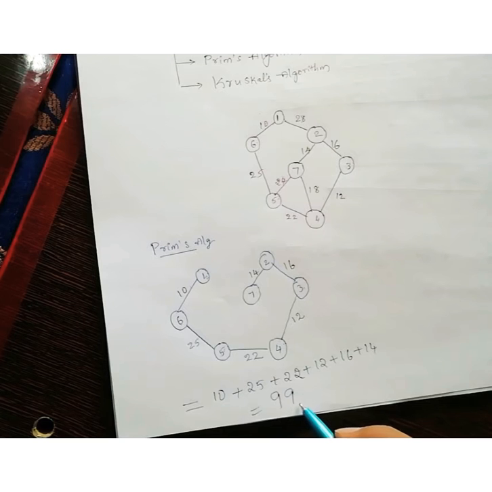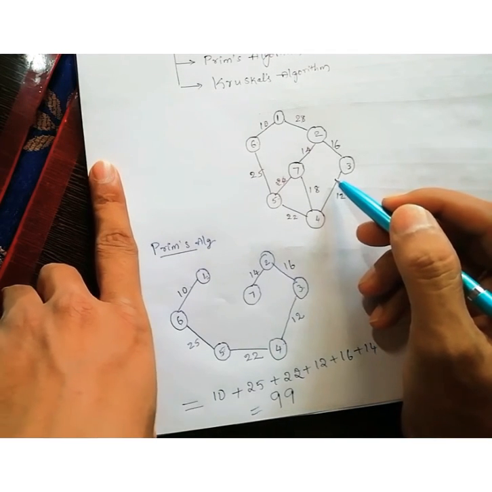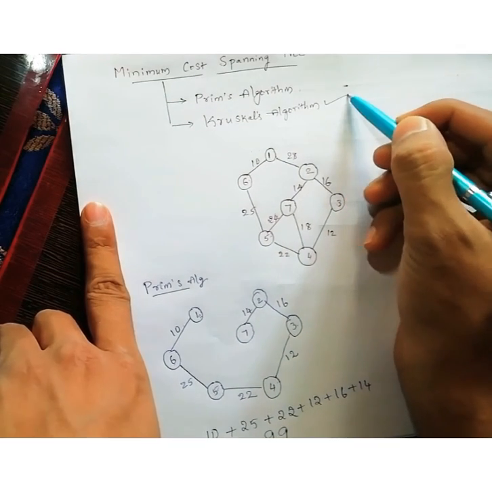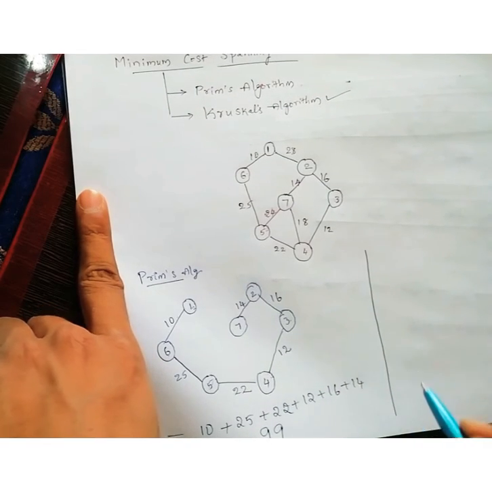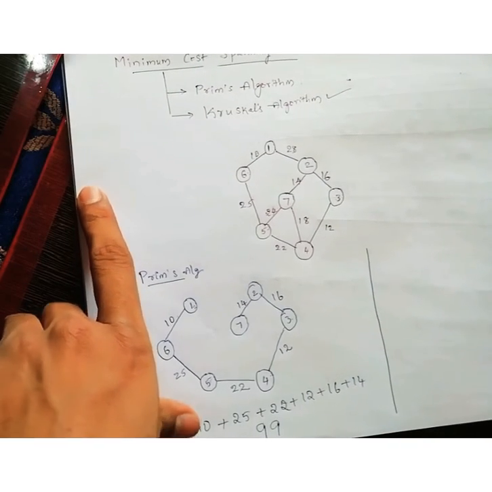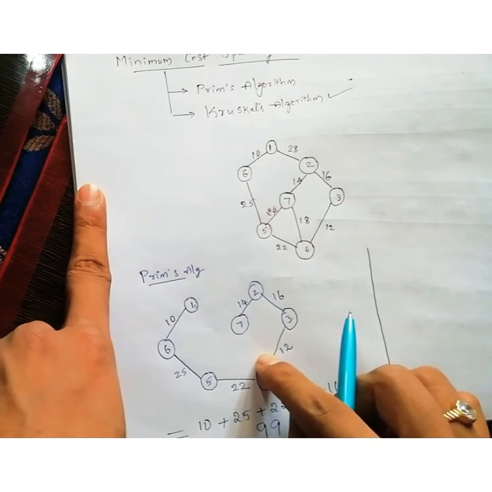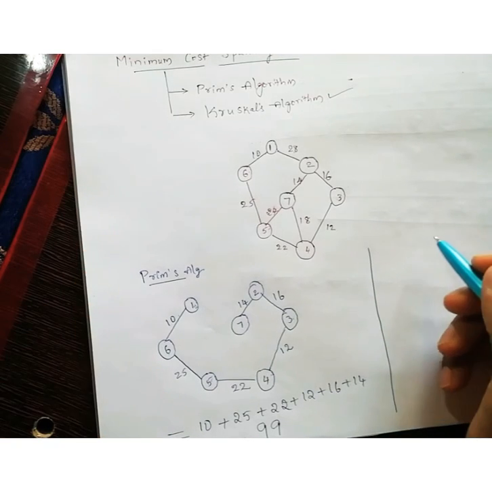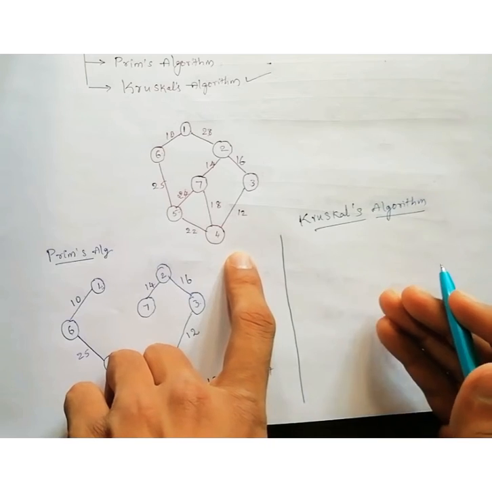So now we will see for the same graph how to perform by using Kruskal's algorithm. Okay, now here I will show you how to find the minimum cost spanning tree by using Kruskal's algorithm. Here we discussed Prim's algorithm. Now we will see Kruskal's.